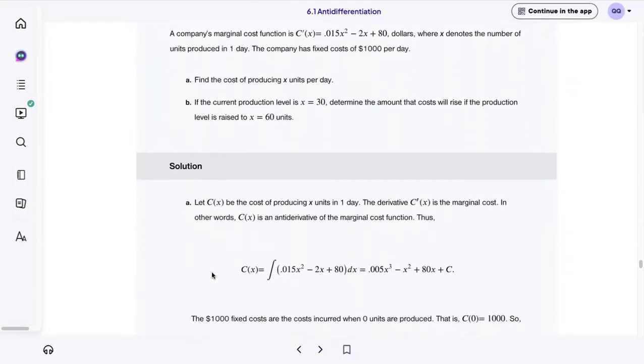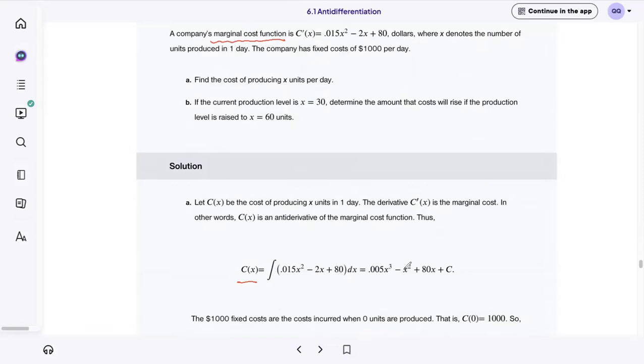Okay, let's see this example. A company's marginal cost. Remember marginal cost? Marginal means derivative, the rate of change. So given this, we want to uncover the cost function. We do the same thing. We add 1 to 2, get 3, then divide by 3.